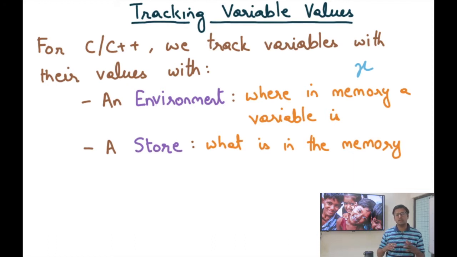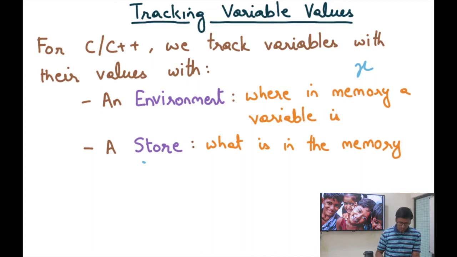Or in general, you just keep it abstract and say x represents the location L. And then there's a store, which is the actual memory, and which says what is in the memory. So x maps to location L, and then we can look into the store and see the contents of memory at location L.